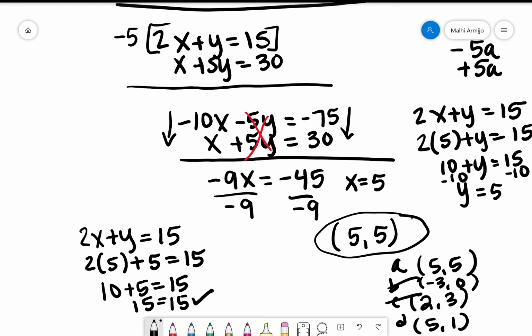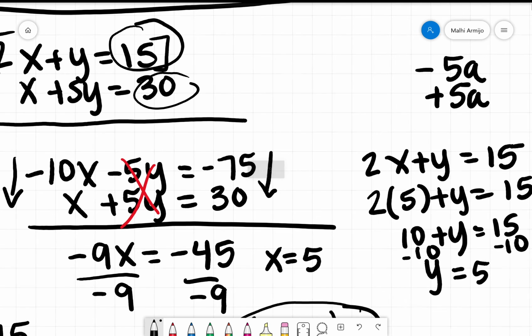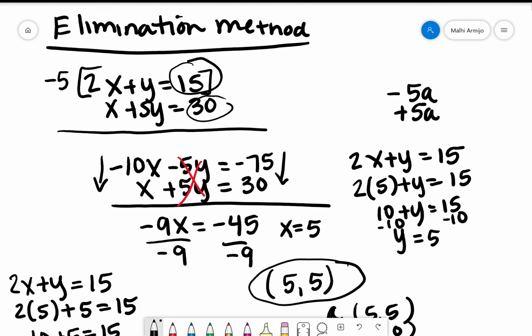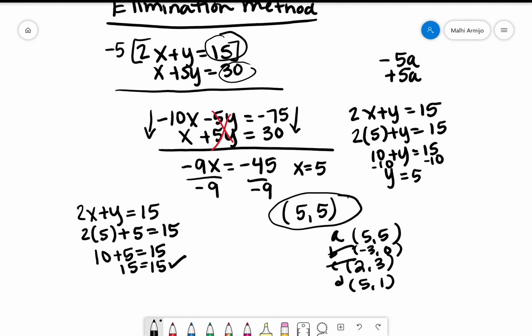You can plug it in and check whichever one gives you the correct value of your equation. You already know the top one has to equal 15 and the bottom one has to equal 30. So it's an easy way for you to work with them if you have a multiple choice question, just to go back and plug them in.